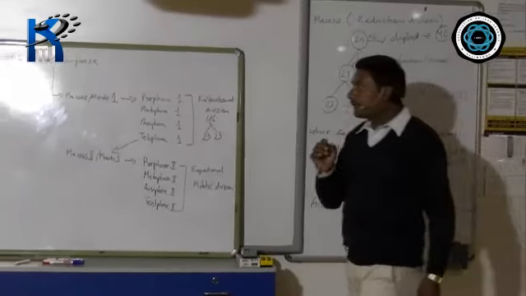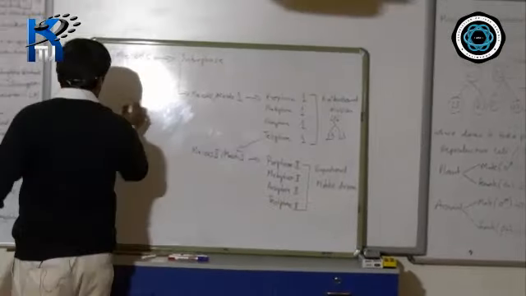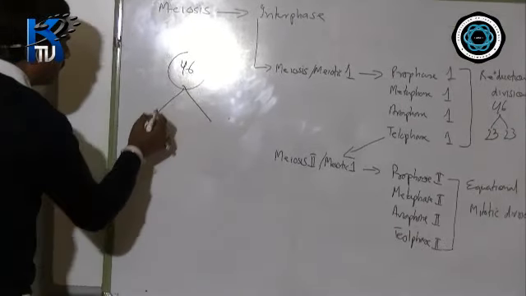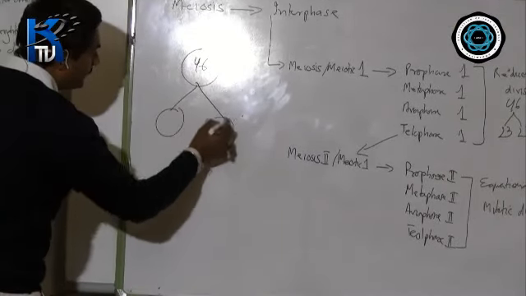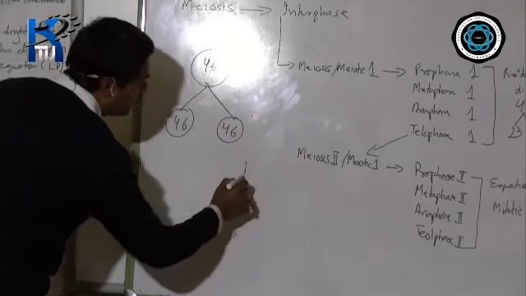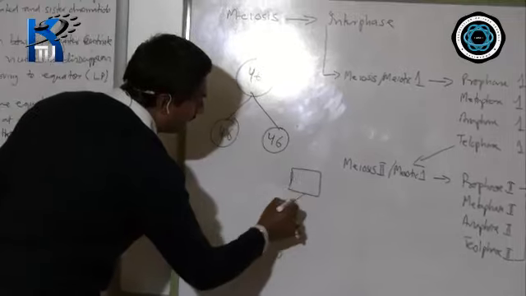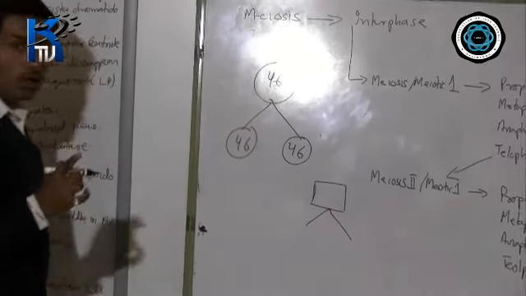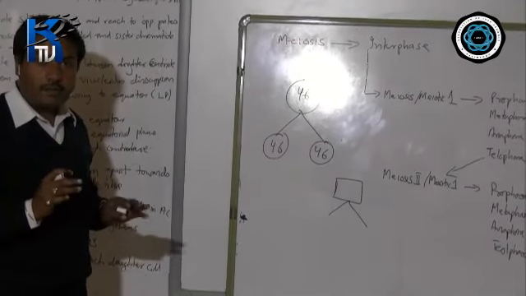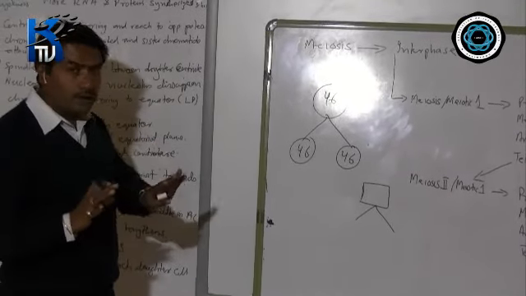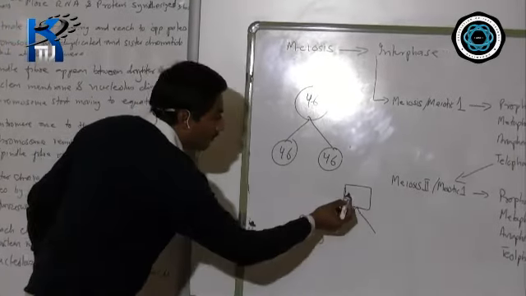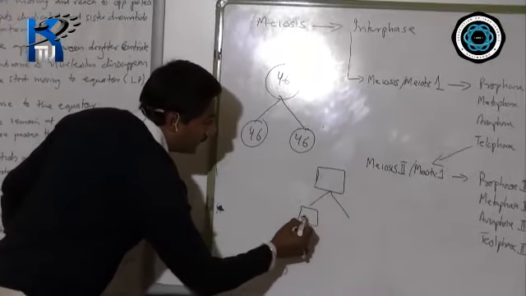Whereas in mitotic division, if I take 46 chromosomes, diploid cells, these 2 cells will also have 46. There are more than 200 different types of cells in the human body, and all of their division takes place by mitosis.